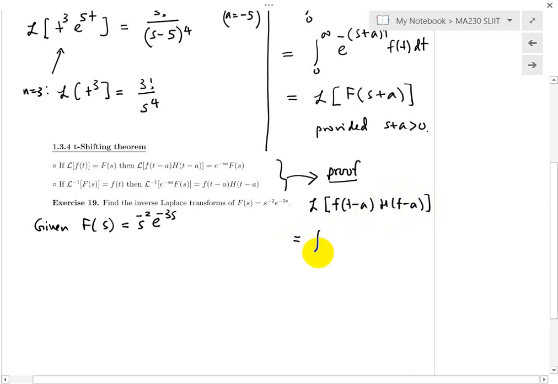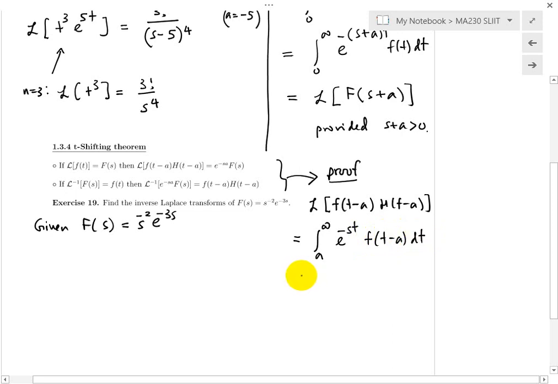So integrate. Note that this notation tells us the function you multiply, say the given function is f of t, you shift it and multiply by the Heaviside function, so integrating from a to infinity, exponential minus st f of t minus a dt.